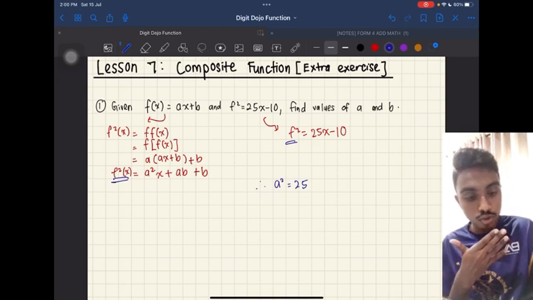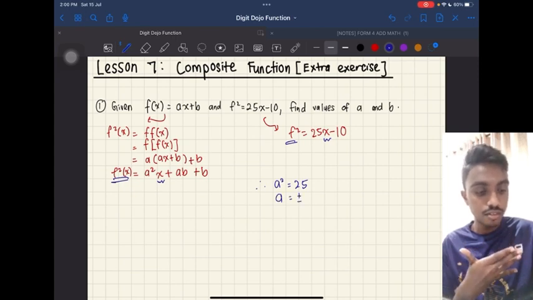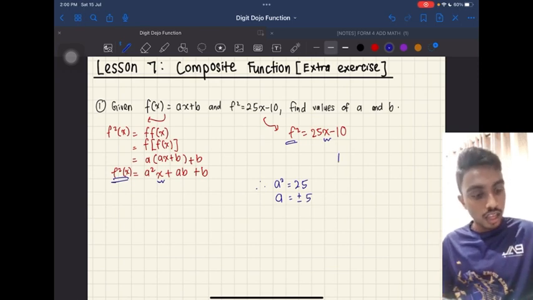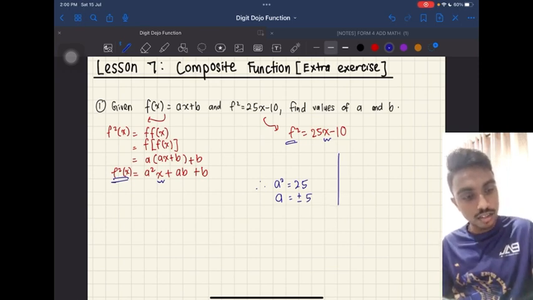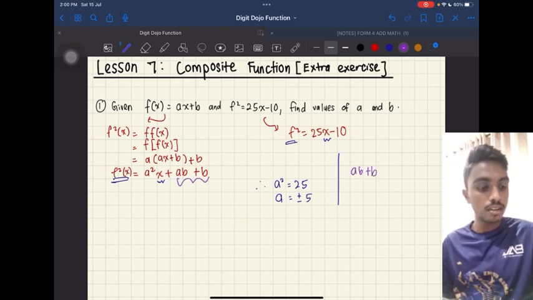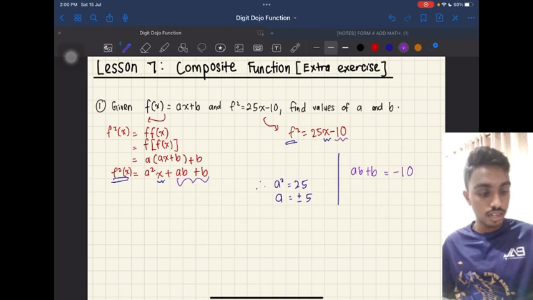So a can be positive or negative 5, and also the balance, this one, ab plus b, is negative 10. Okay, ab plus b is negative 10.